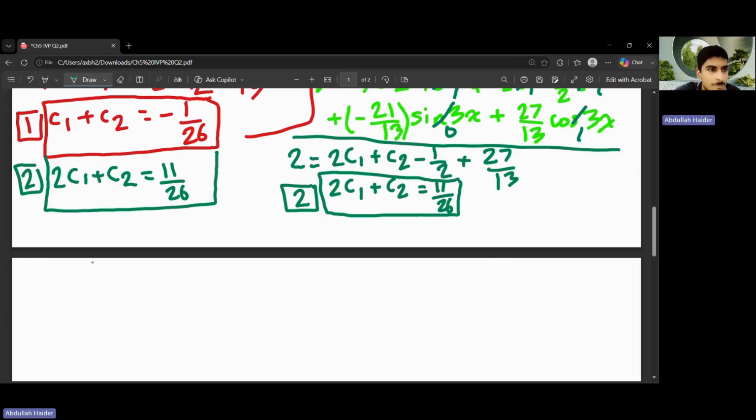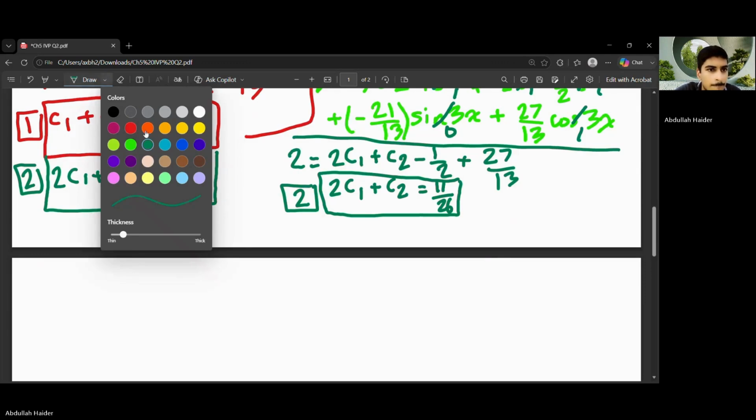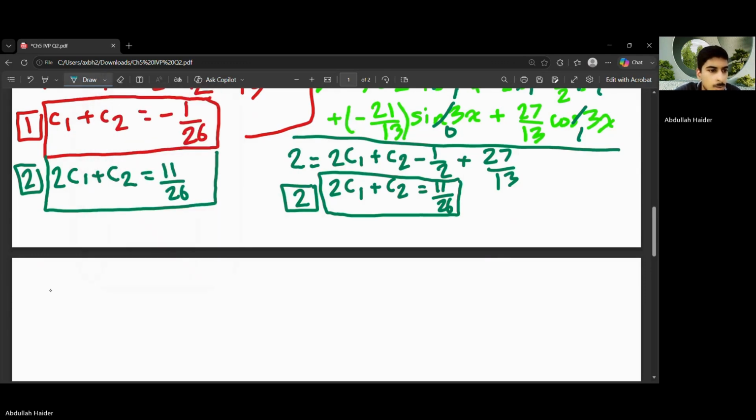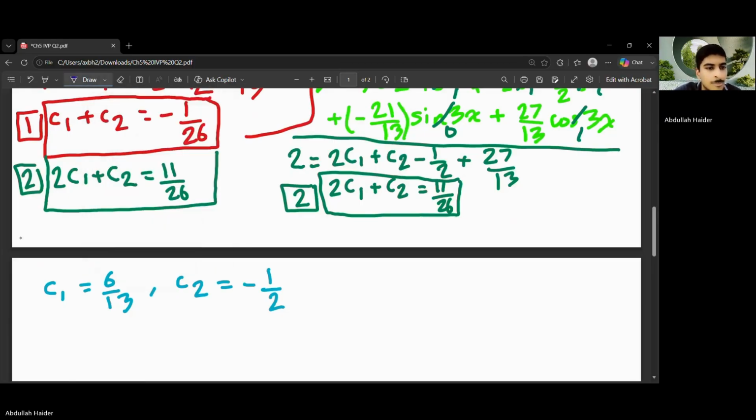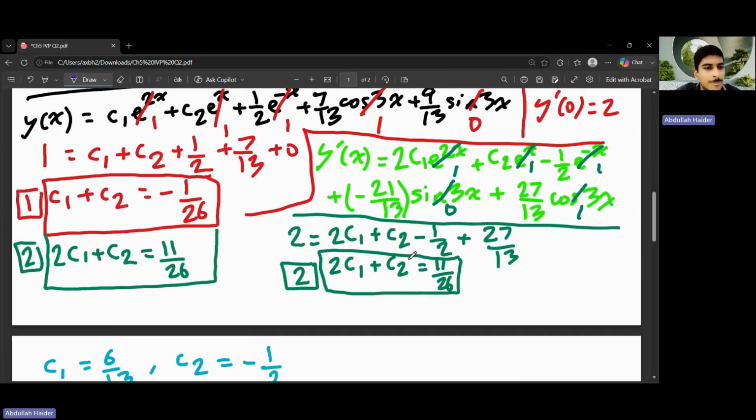So you get your c1 is 6 over 13 and your C2 will be equal to negative half. So finally, you can write your final answer since you have all the constants now.